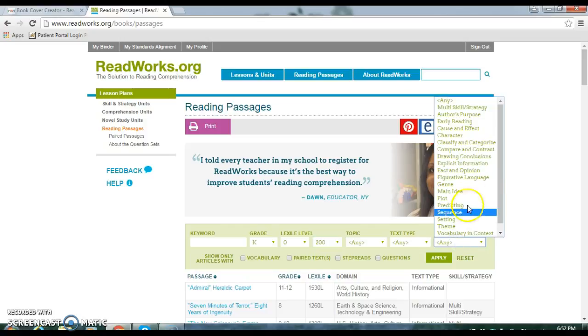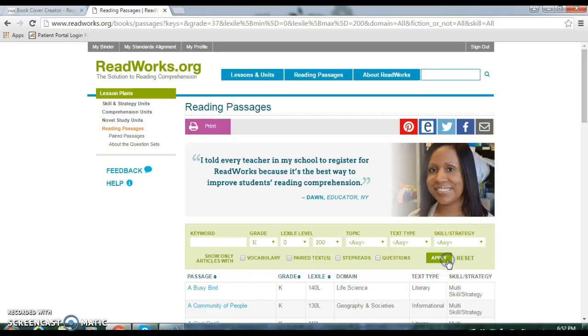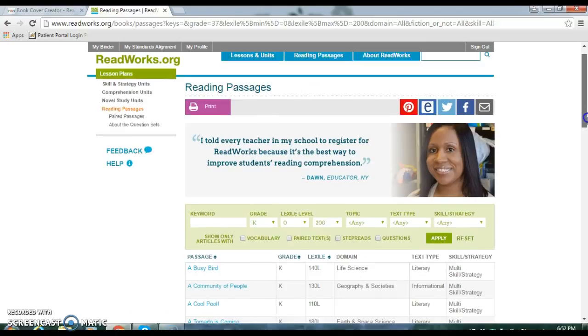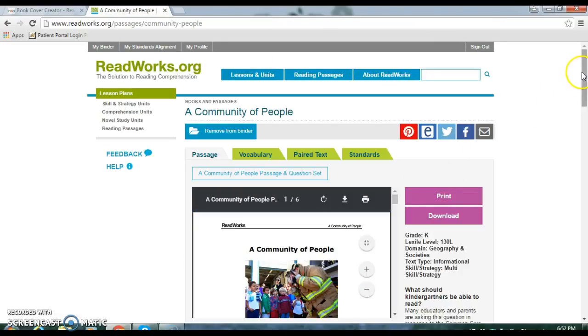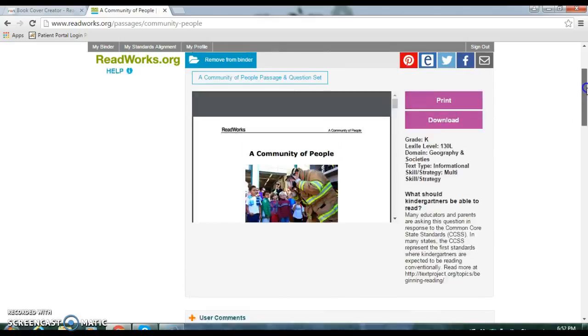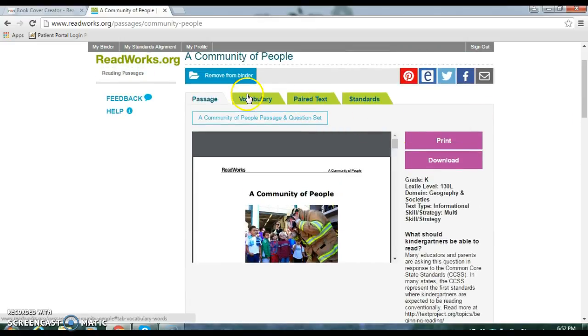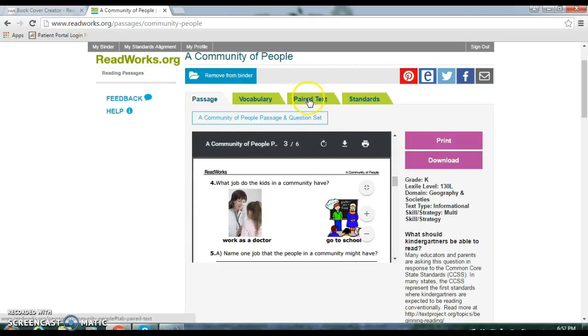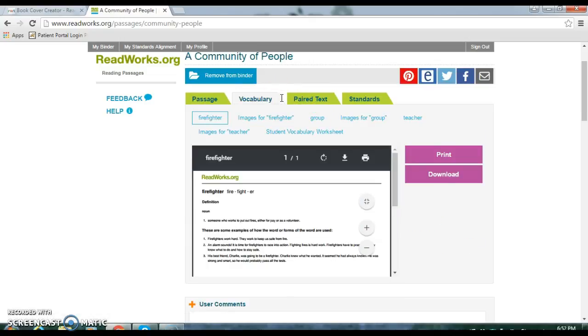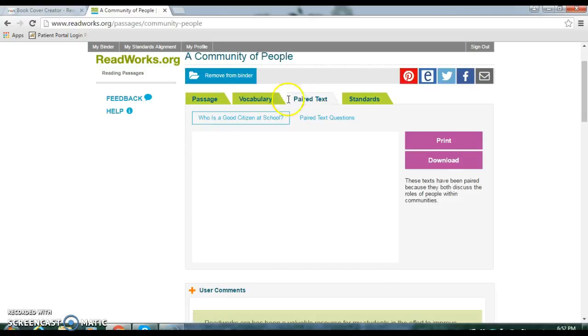On this tab here, you can click into a more detailed skill or strategy. One that I have in my binder is this Community of People. Again, it has the passage and question set, the vocabulary available, and the paired text.